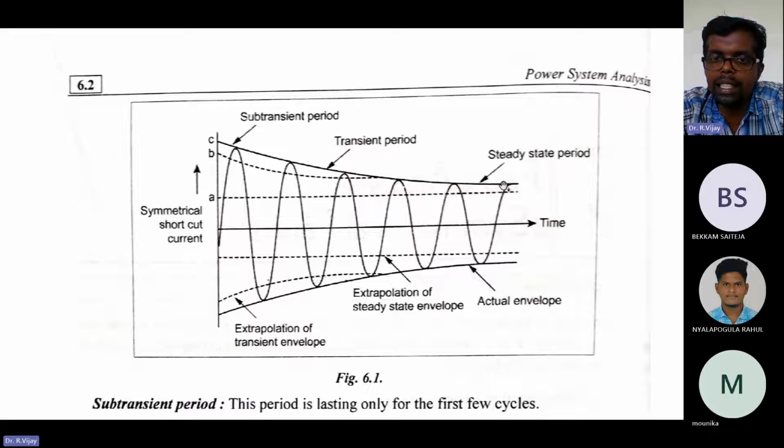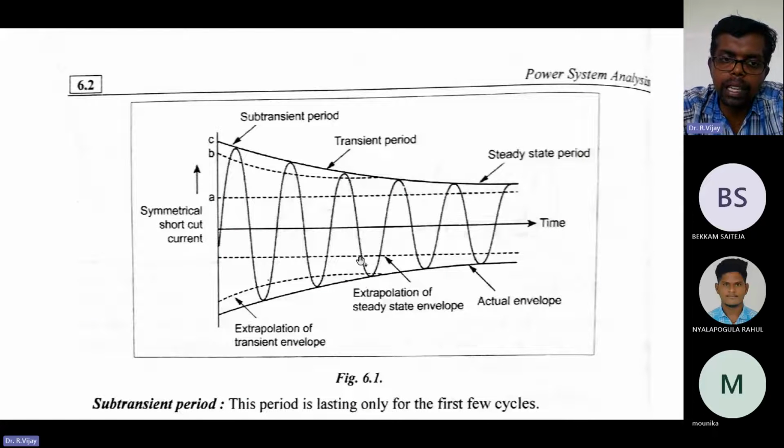It goes high and comes down. So this is called the steady state period, transient period, and sub-transient period, and this is the actual magnitude. So there is the extrapolation of the steady state envelope and the extrapolation of the transient envelope, like that it is happening.